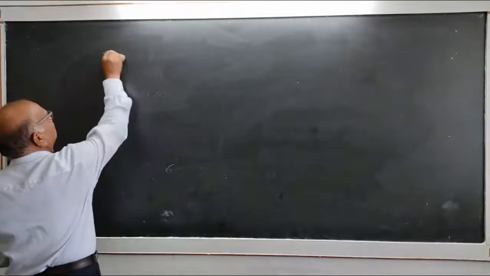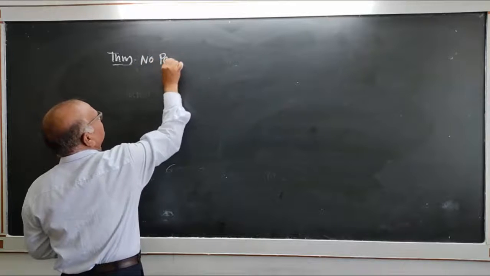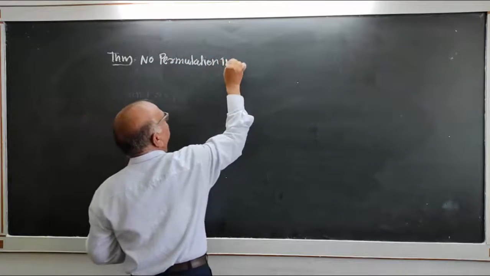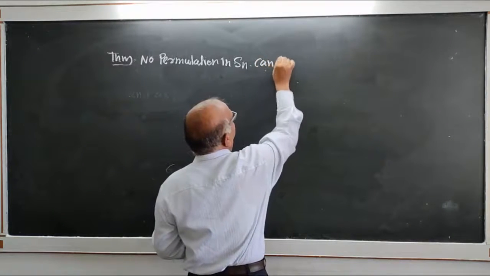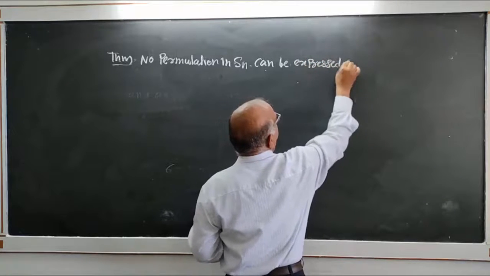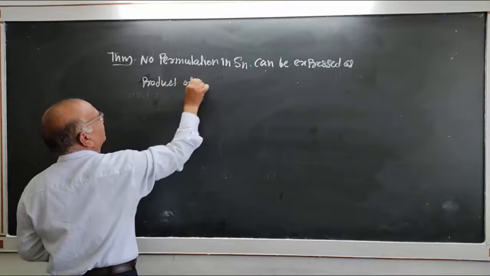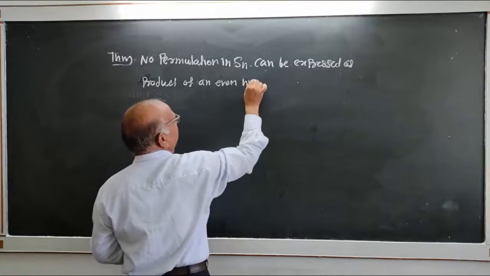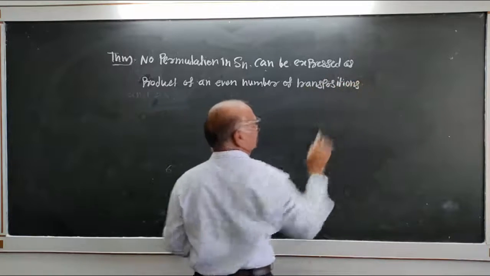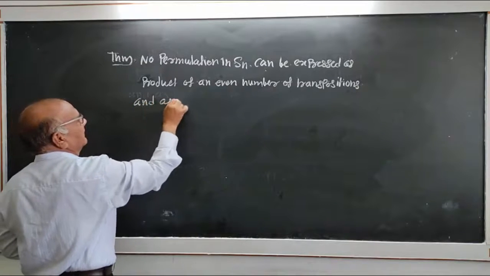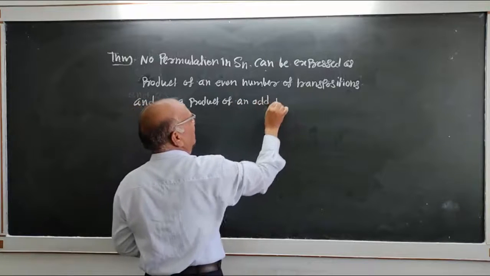Now, one theorem here. Theorem: no permutation in Sn can be expressed as a product of an even number of transpositions and as a product of an odd number of transpositions.